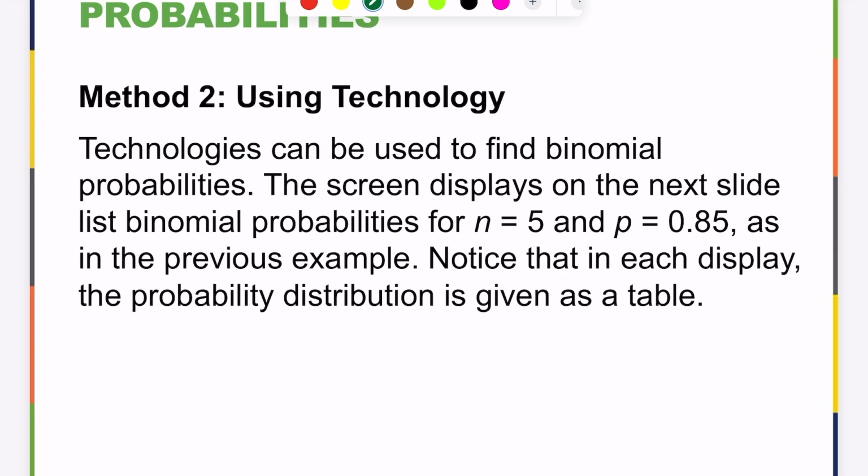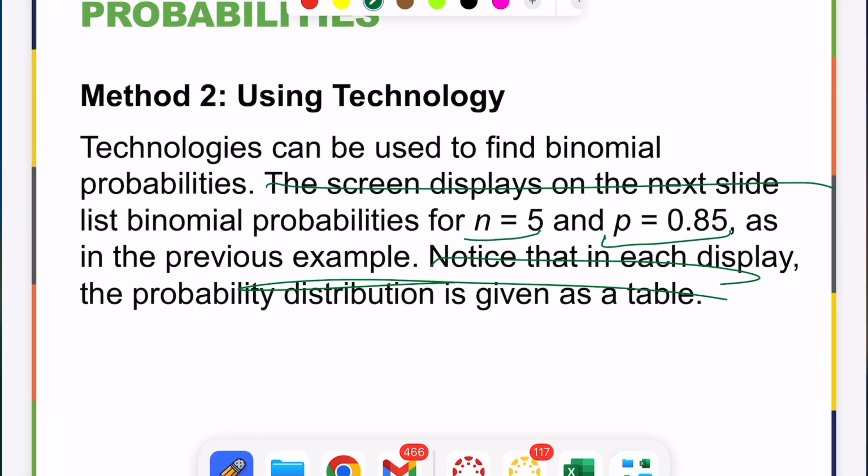There are not going to be any screen displays on the next slide. I'm going to show you what it is in Excel. List binomial probabilities for N equals 5, P equals that, as in the previous example. Just observe what I do in Excel.